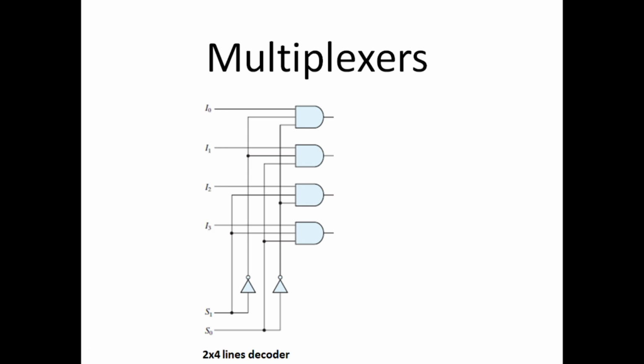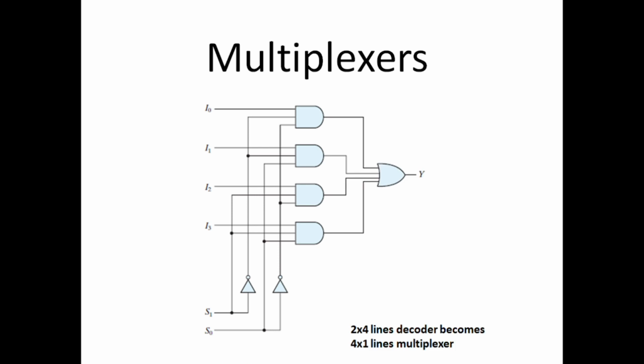Next, we mark them with input variables I0, I1, I2, and I3. So we now have four inputs to this decoder. Now combine these outputs of the decoder through an OR gate and call this the output Y. So this becomes a multiplexer.